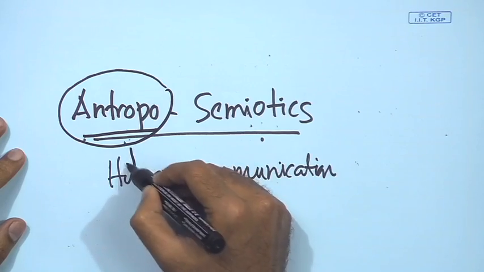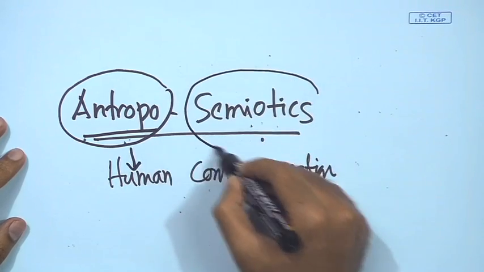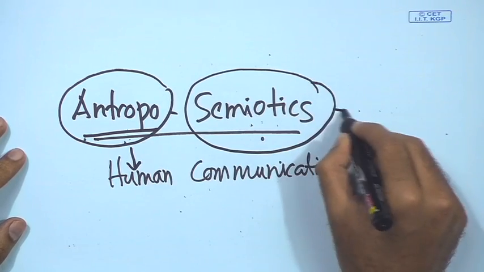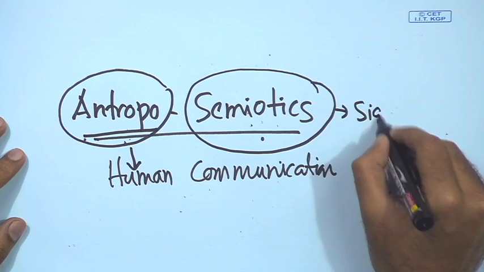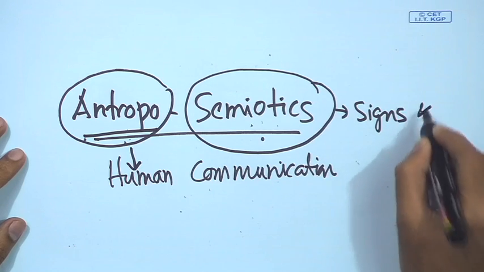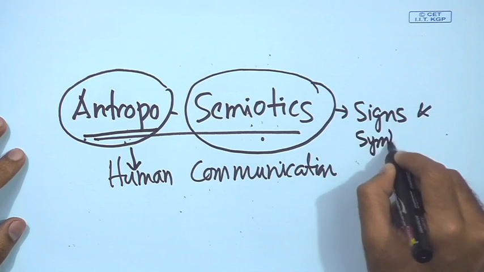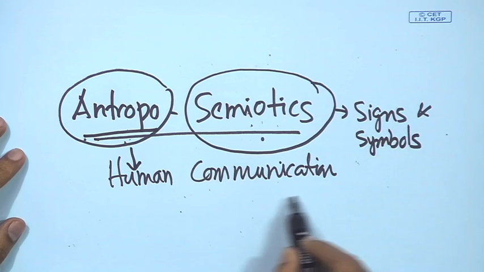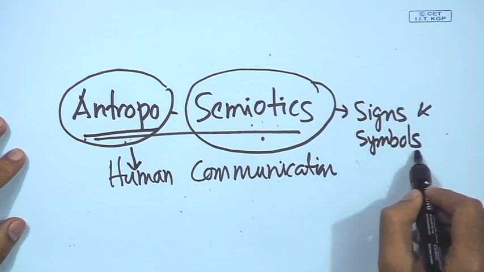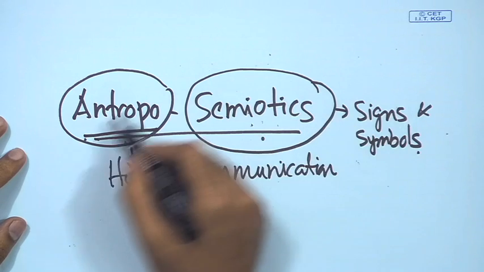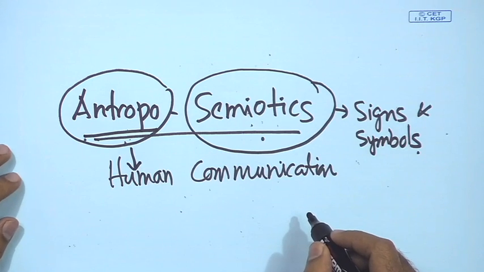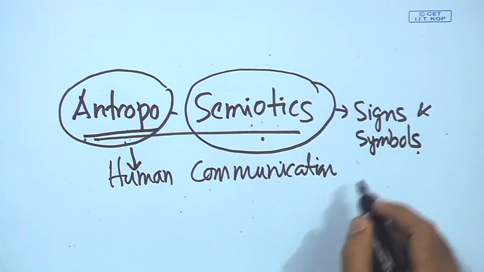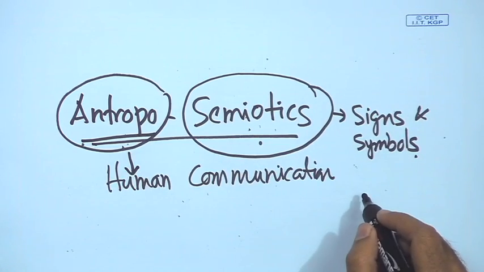And semiotics is basically the subject which deals with signs and symbols. So we are in particular talking about human communication through various signs and symbols. This is the premise of human communication, and human communication is always happening through this domain.